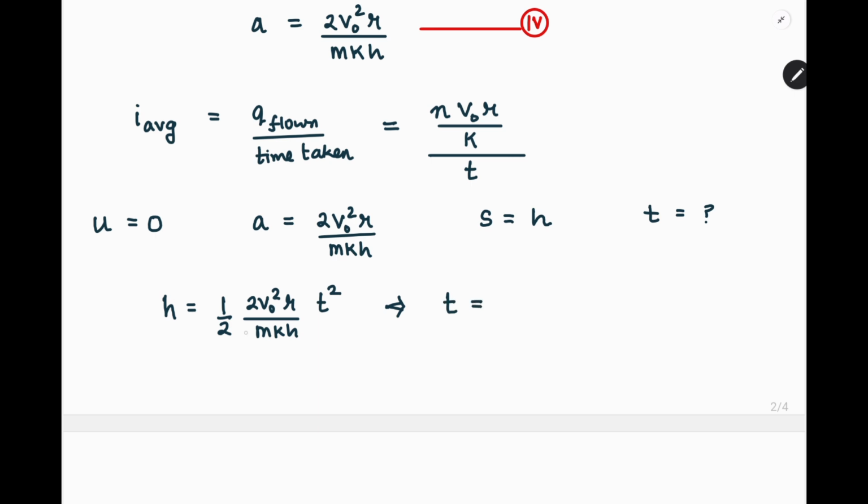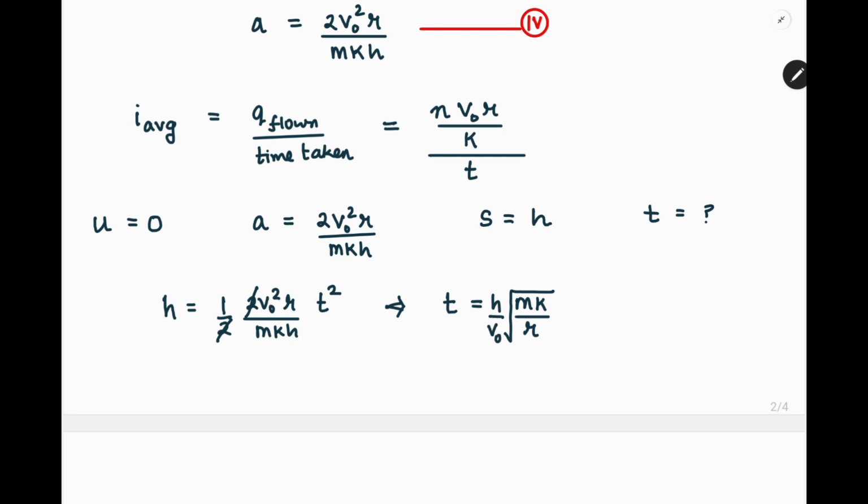So we can say s equals ut plus half a t square, with u equal to 0. For the time calculation, t is equal to the square root of m k h square by V naught square R. So up there we will have h, and here we will have V naught.